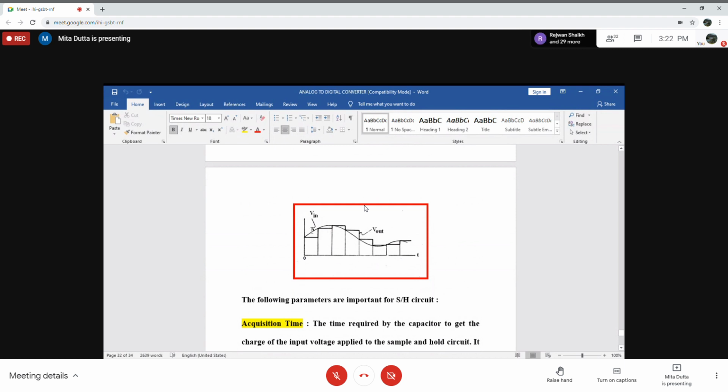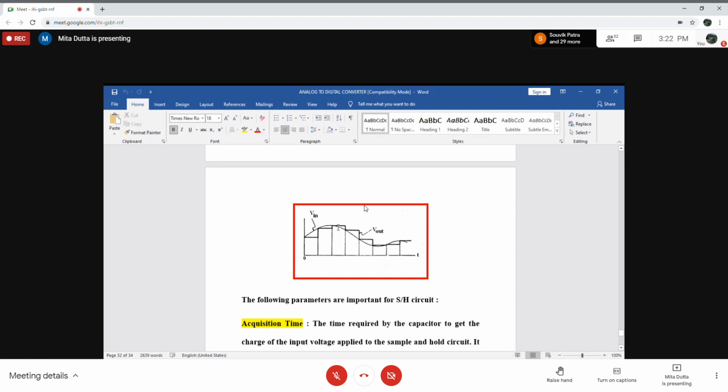When the input analog voltage is this much, the output V out will also be equivalent to V in. When the switch is opened, V out will hold that voltage until the next sampling instant.